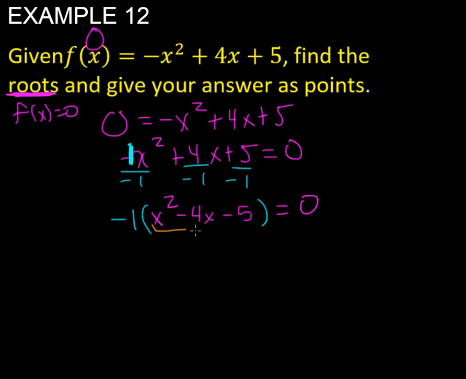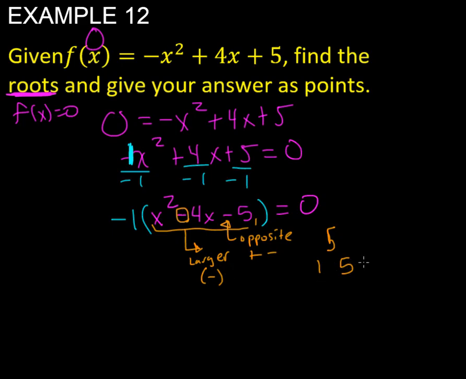So now we're going to factor the inside. We're going to look at our factors of 5. The factors of 5 are 1 and 5. This tells me they need to be opposite signs. So that means one is positive, the other is negative. And this one tells me that the larger factor is negative.